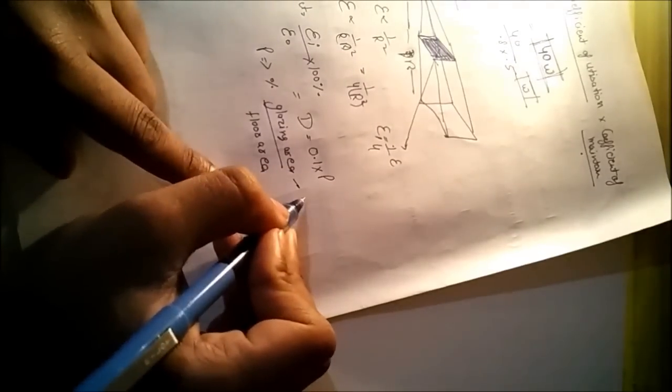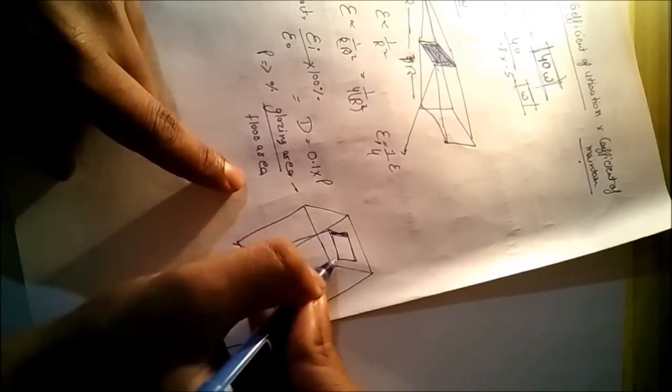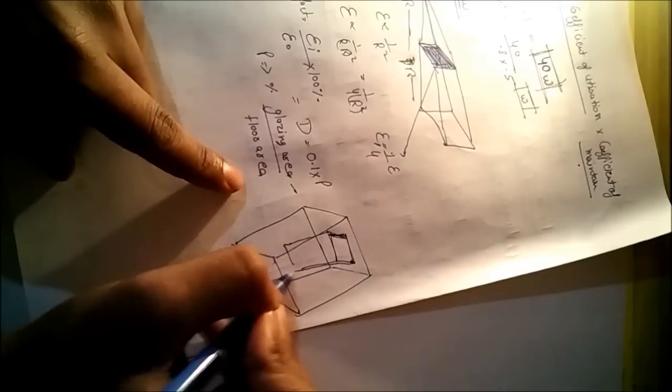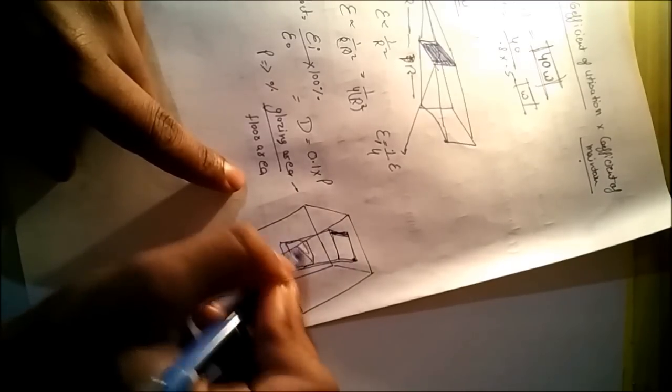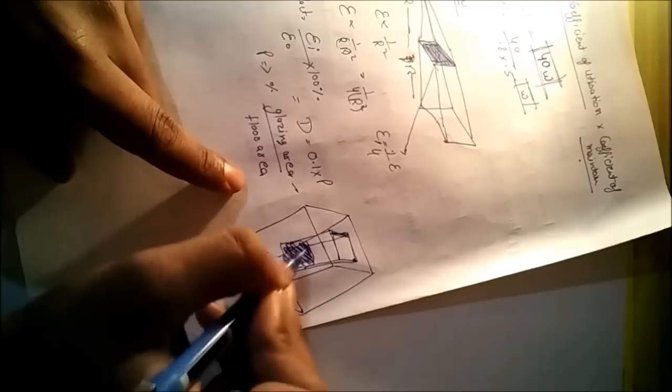Now let's have an example. This is a room and this is a window, and the glazing area is, we assume, only this part.